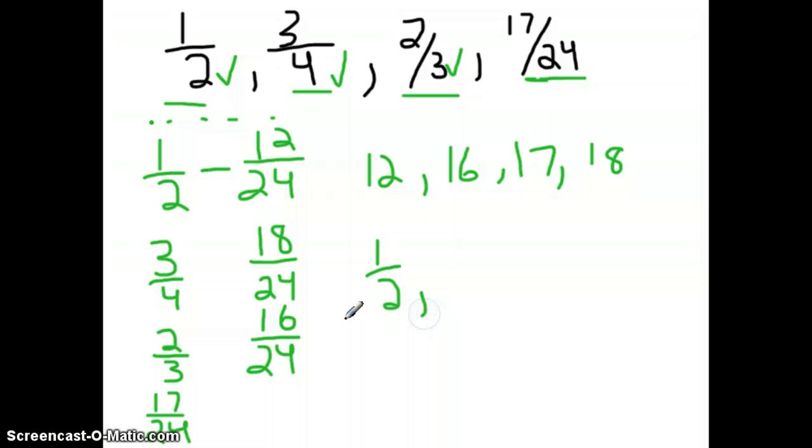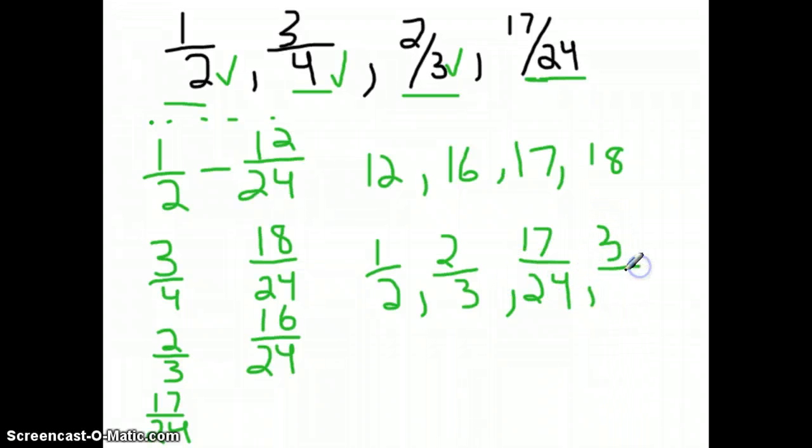I know 16 out of 24 was 2/3. So 2/3 comes next if we're ordering from least to greatest. 17 out of 24, well, that was just 17 out of 24. And then my biggest one is actually 18 out of 24, which we first had as 3/4.